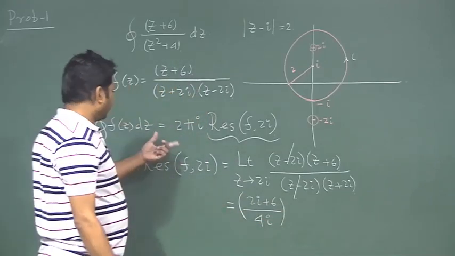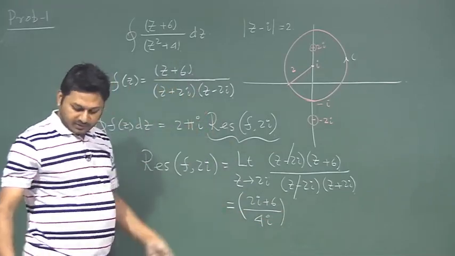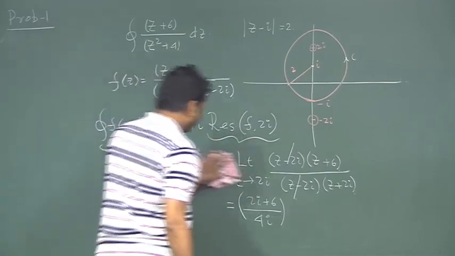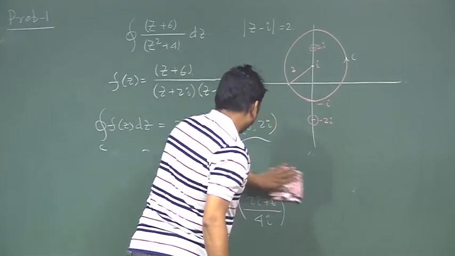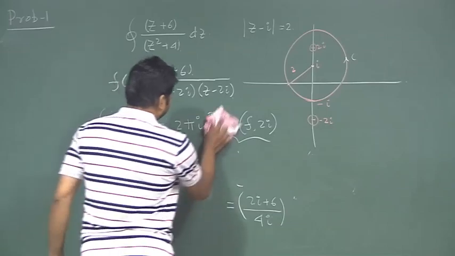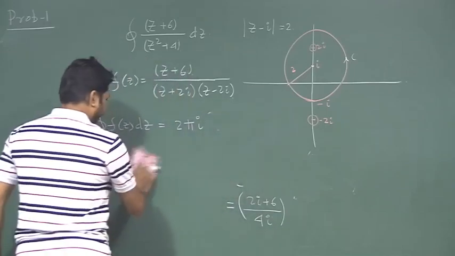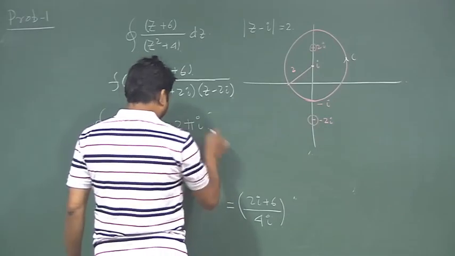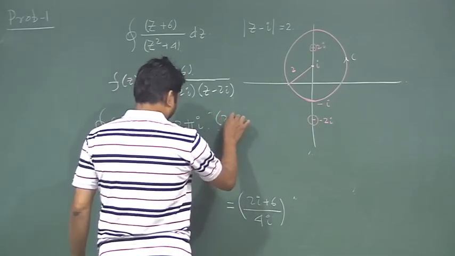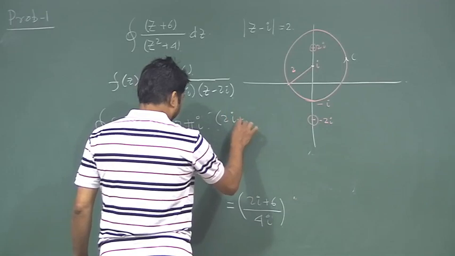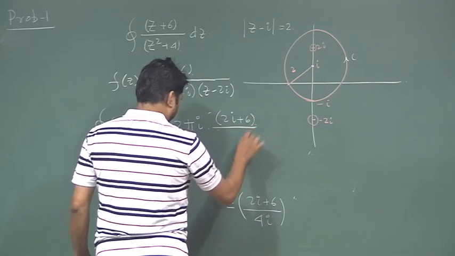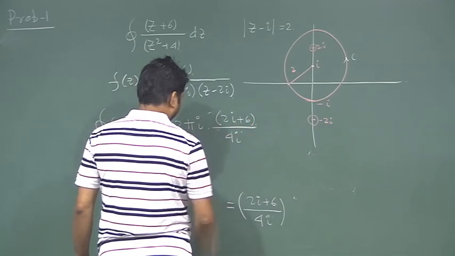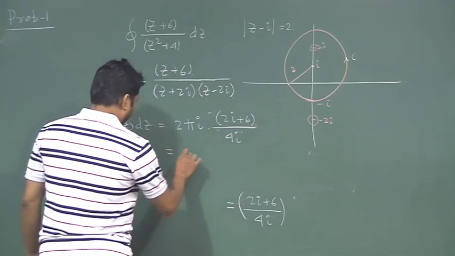Now the result is 2 pi i multiplied by the residue. So, I need to multiply this quantity with 2 pi i to get the full result. Then I will have (2i plus 6) divided by 4i, multiplied by 2 pi i.